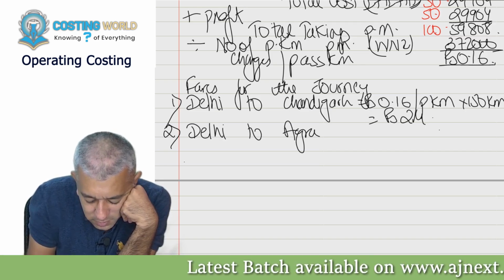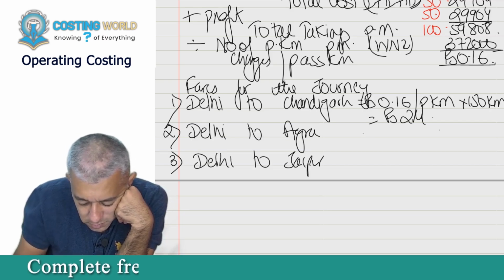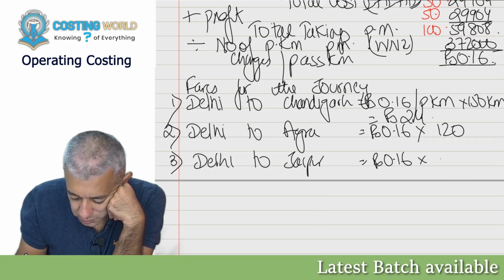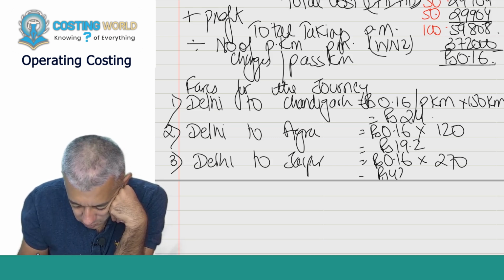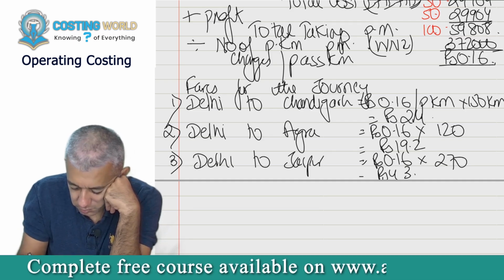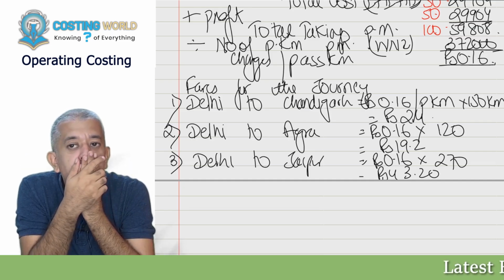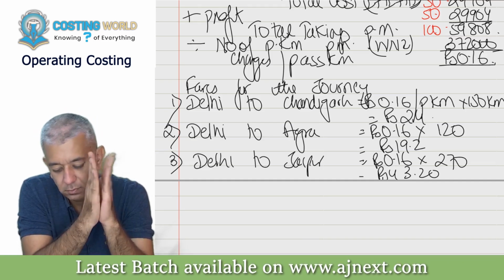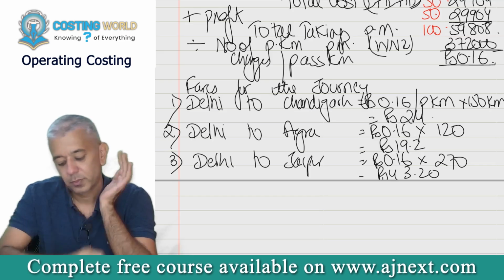Delhi to Agra, Delhi to Jaipur. 43.2. Done? Yes, sir. Okay.